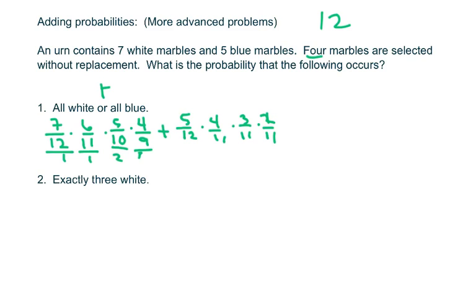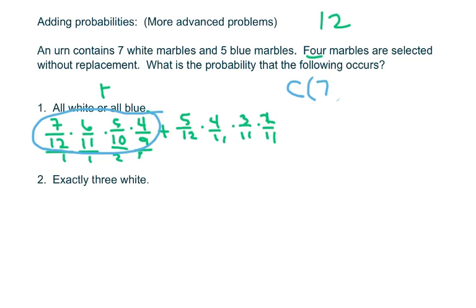Now, here's a different way to do it. I'm going to use the combination thing because it's easier with the calculator. So this right here, we can write as a combination of 12 total marbles taken 4 at a time. But we're going to do the white first because we're talking about white.